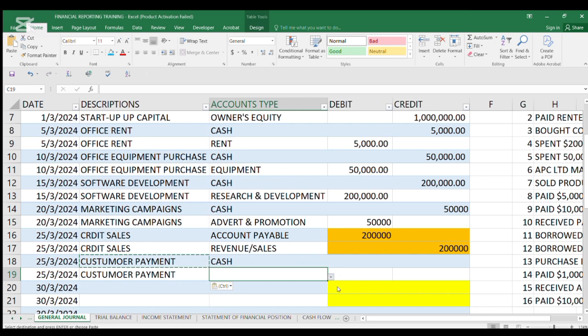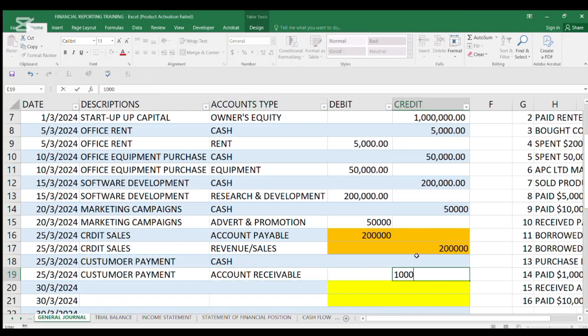We credit account receivable with the same amount. So this customer payment, account receivable should be credited with 100,000, which is the remaining balance. All right, the cash he paid, 100,000. Okay, so that's how it is.